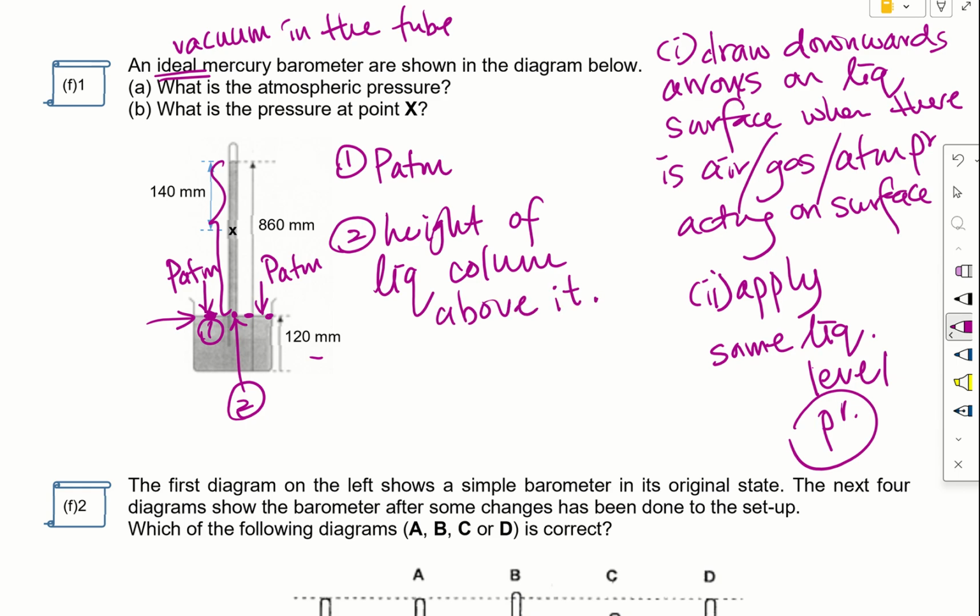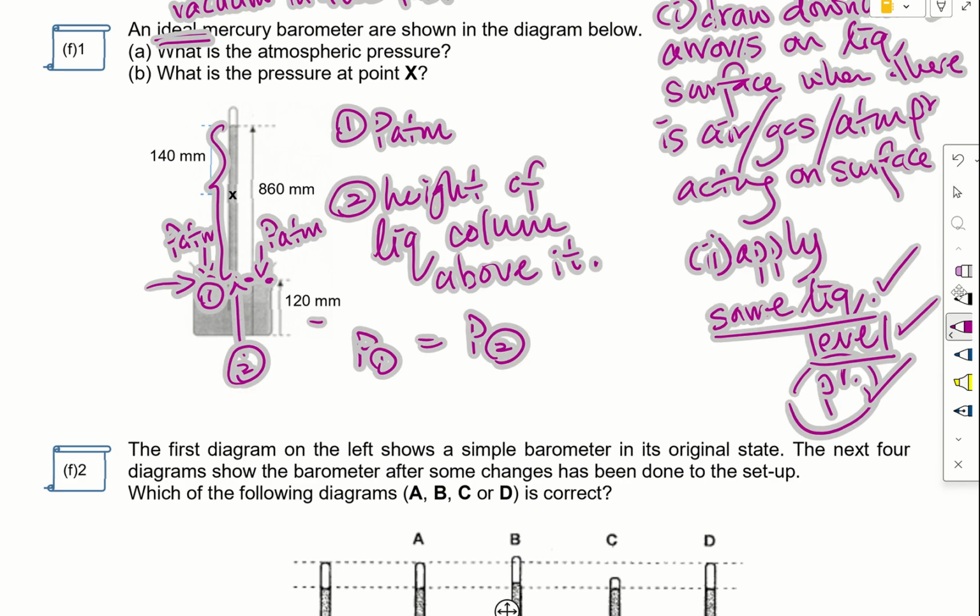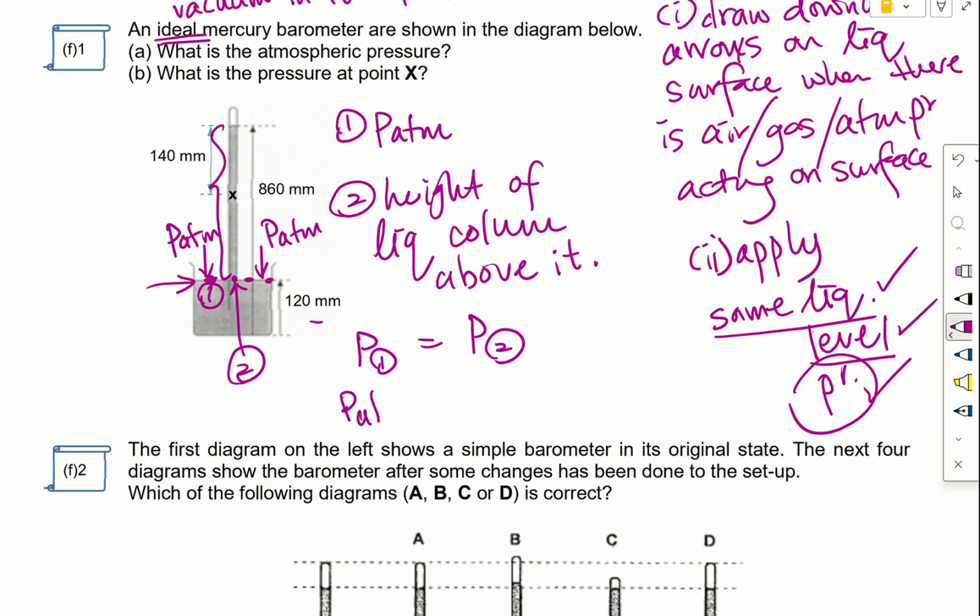Okay, and if they are the same liquid, and they are at the same level, that means their pressure is the same. That means the pressure at 1 equals the pressure at 2, because same liquid, same level, same pressure. The pressure at 1 is actually due to PATM.